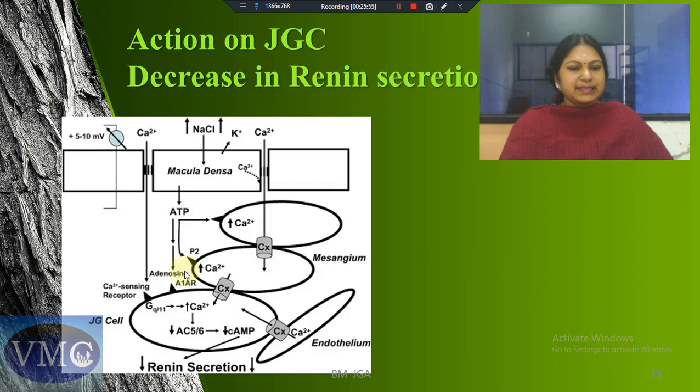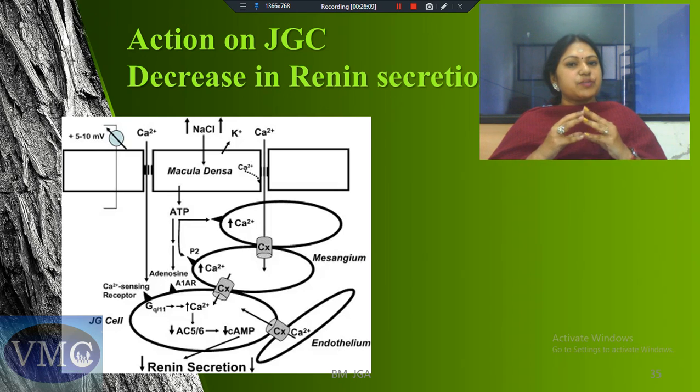That could be an electrical coupling or coupling like this, and this causes an increase in the calcium inside the juxtaglomerular cells. Usually we know that whenever the intracellular calcium level is increased, it causes exocytosis, so the secretion rate increases.